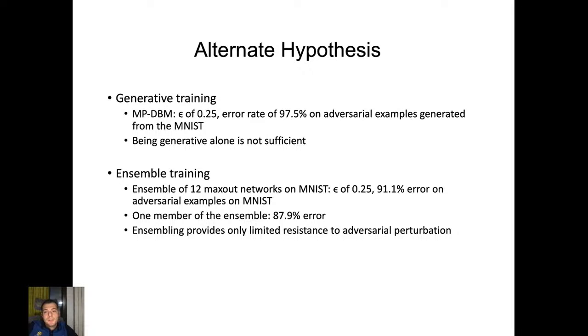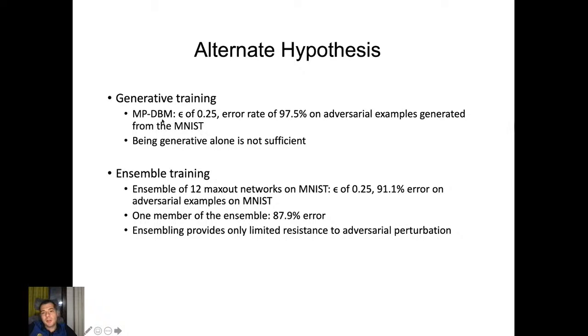Okay, and they also try alternative hypotheses that were proposed in previous works. So first, there was one hypothesis that generative models are robust to adversarial examples, and another hypothesis was, okay, if we build an ensemble of models, we can also increase the robustness to adversarial examples.